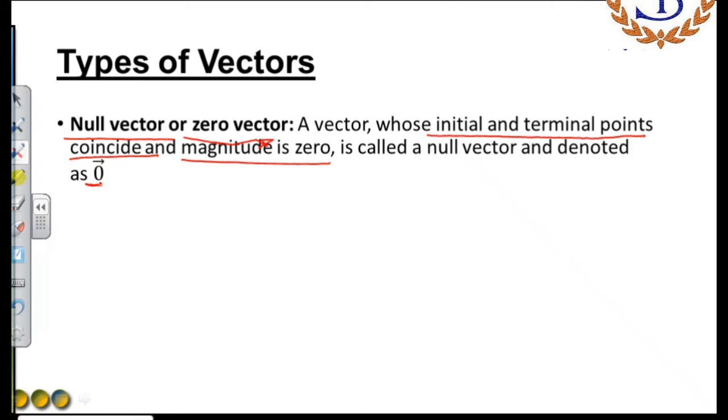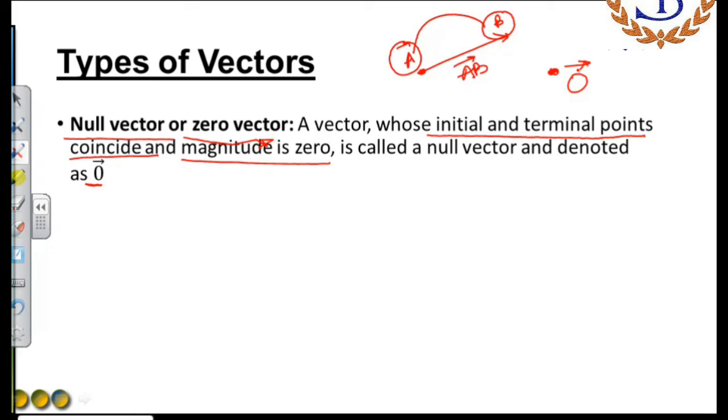When the starting point of a vector is A and the end is B, it is known as vector AB. But if the initial point and the terminal point coincide with each other, it means A and B lie at this particular point, then it is a zero vector.